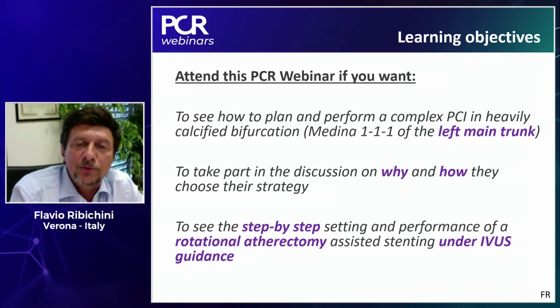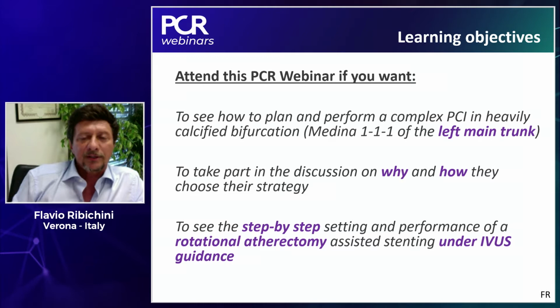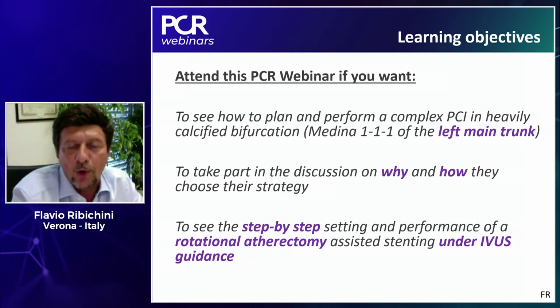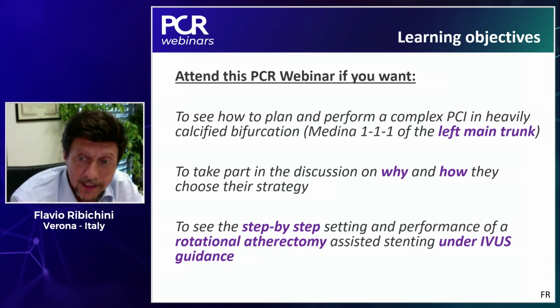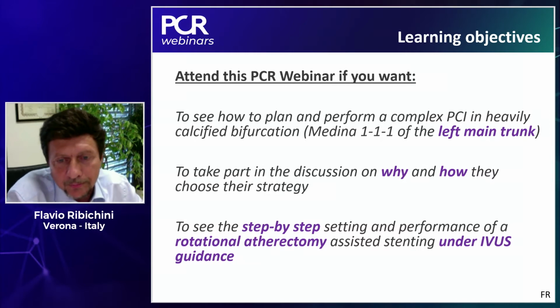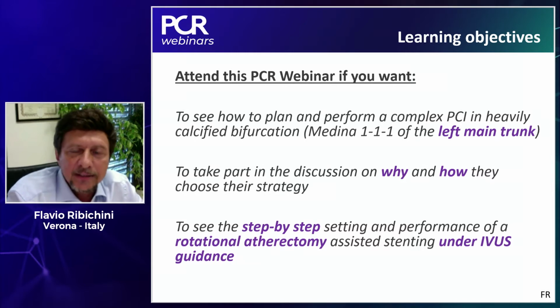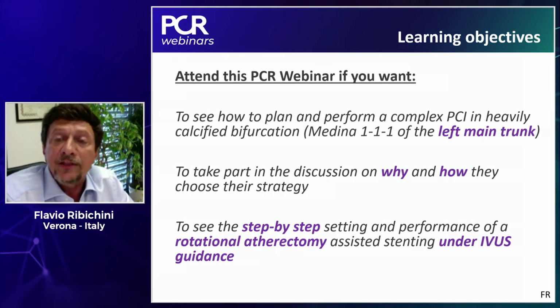We want to get you around the thoughts and the discussion on why, first of all, we treat this patient and how. And then share with you the step-by-step technique to do the right thing at the right time with the right materials. And this will be with the use of rotational atherectomy, a dedicated device for calcium, under the assistance of intravascular imaging.